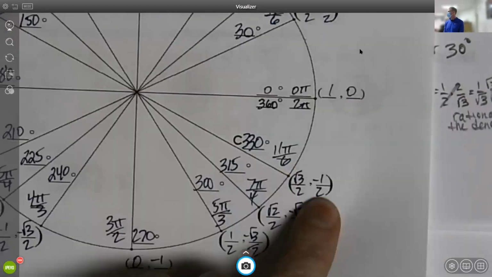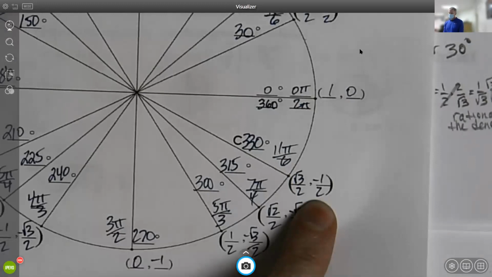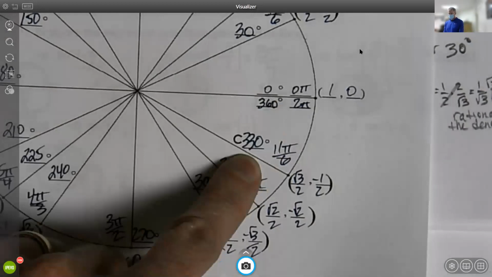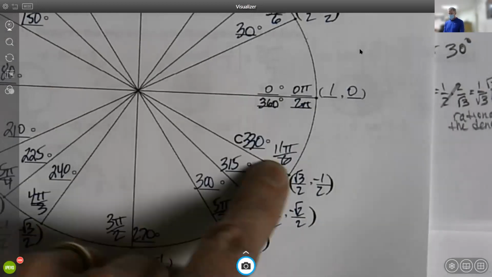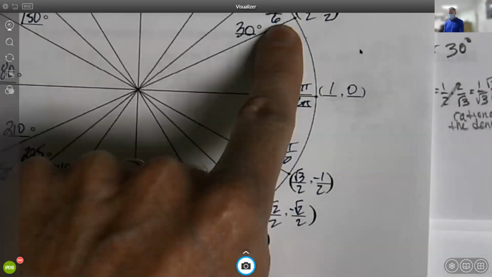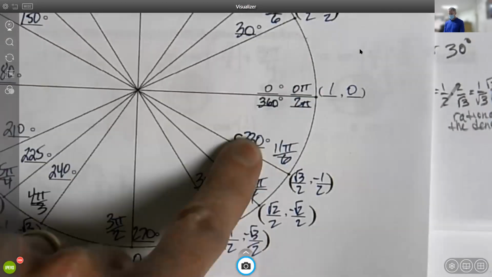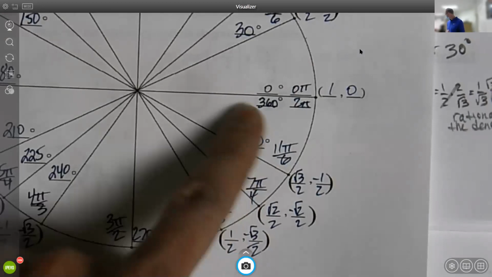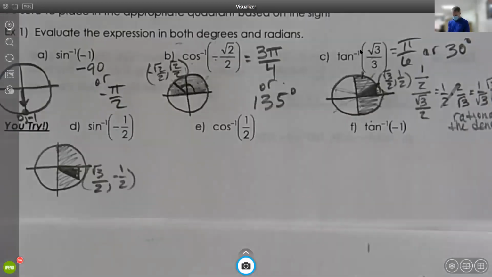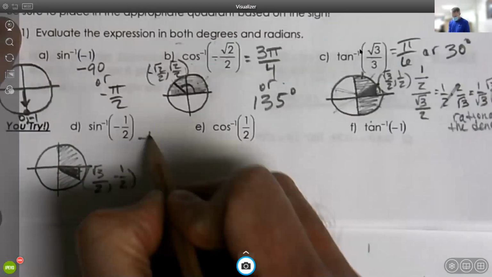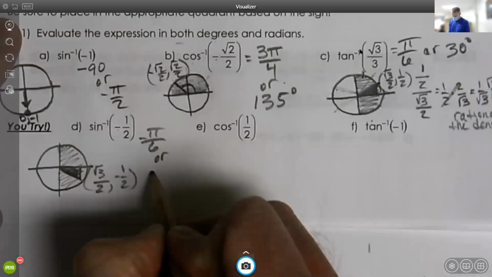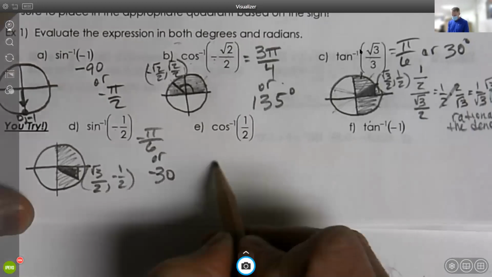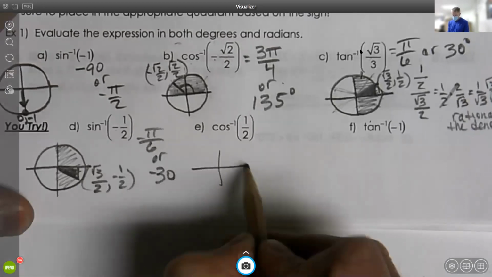Y is negative 1/2. But that's not really the appropriate notation. We've got to come down that pi over 6. Instead of going up 30, we're going to go down 30. So we're going to say negative pi over 6 or negative 30. Cosine is 1/2.